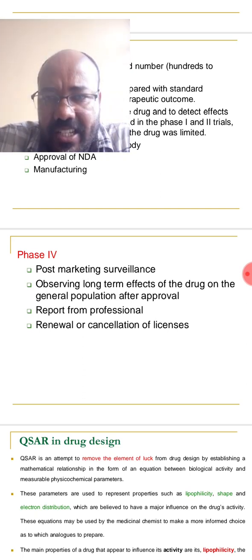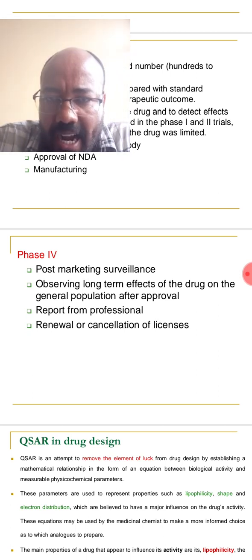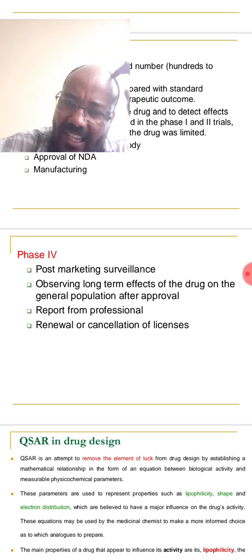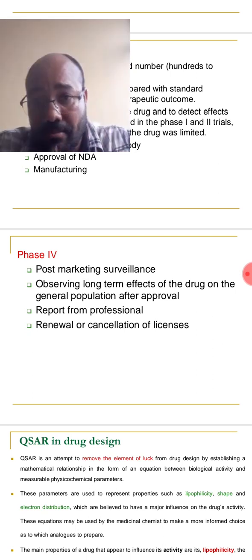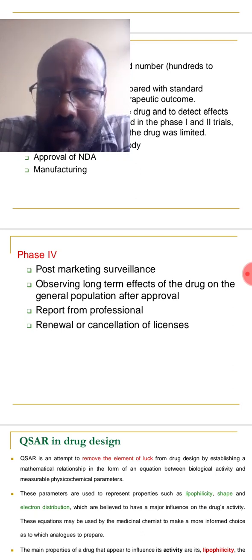And if there are side effects, the professionals will report. Whether there are side effects or not, they will report to the Food and Drug Administration. Then renewal and cancellation of the license of a drug: it will be renewed if it has desirable pharmacological activity, and cancelled if it is not proper for use.